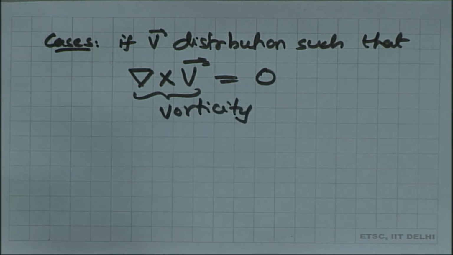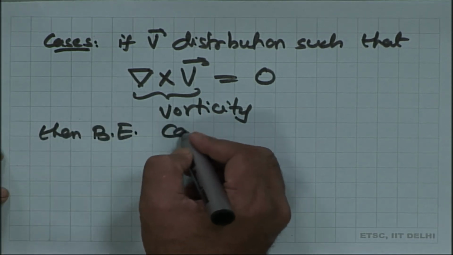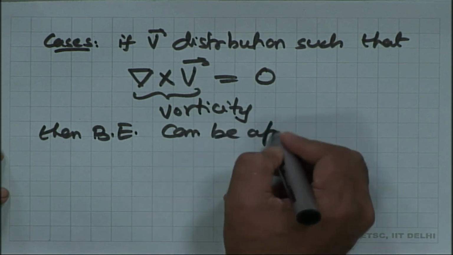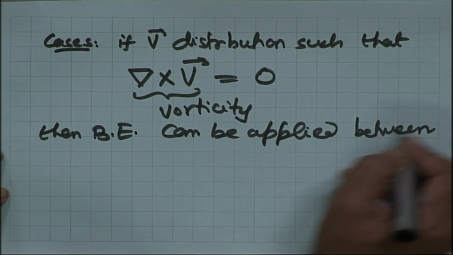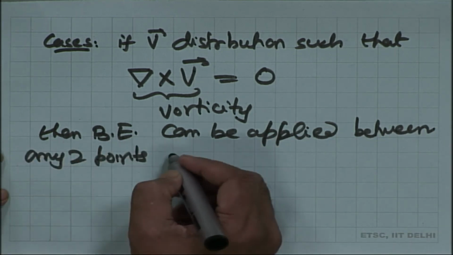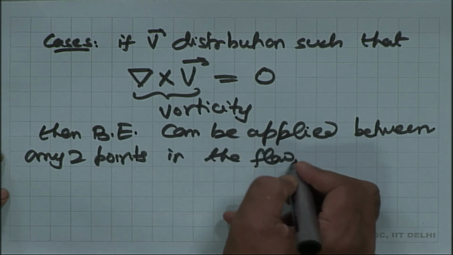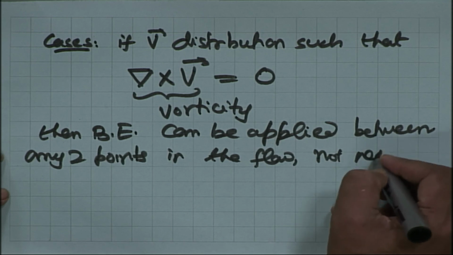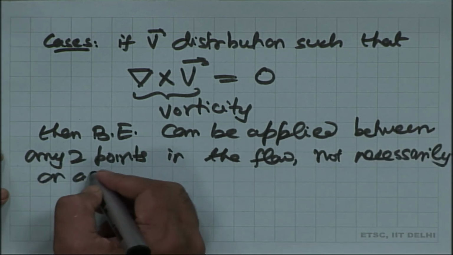If the velocity distribution is such that vorticity is 0, then Bernoulli equation can be applied between any 2 points on the fluid flow, not necessarily on a streamline.